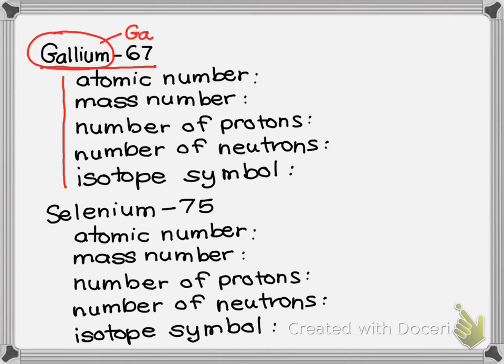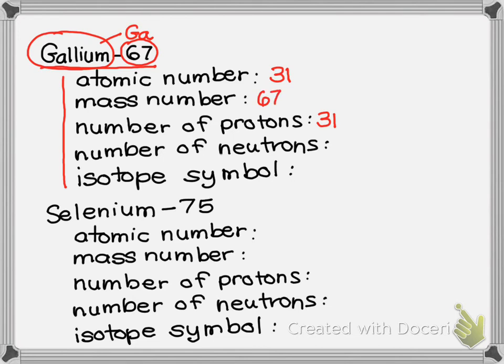And finding Ga on the periodic table, you see that it has an atomic number of 31. The atomic number is also the number of protons, so I can put 31 right here. Now the mass number is determined by this number right here. We can't find the mass number on the periodic table, so it's given. So the mass number is 67.